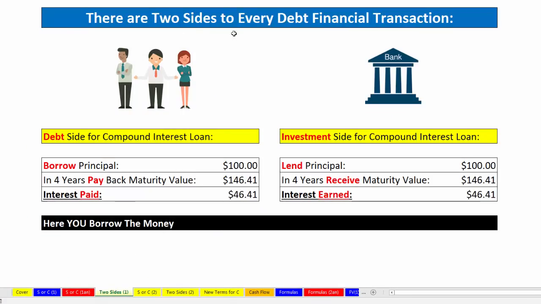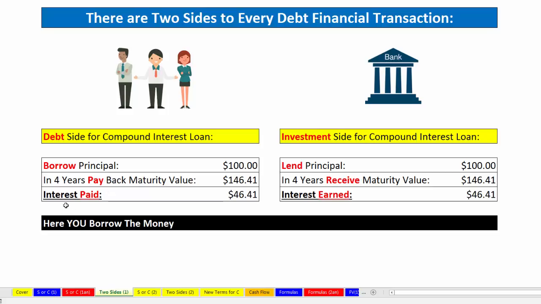There are two sides to every debt financial transaction. Now, actually, there's at least two sides to every financial transaction. We just happen to be talking about debt here. The debt side for compound interest loan, we borrowed the principal, $100. In 4 years, we pay back maturity value. There it is.